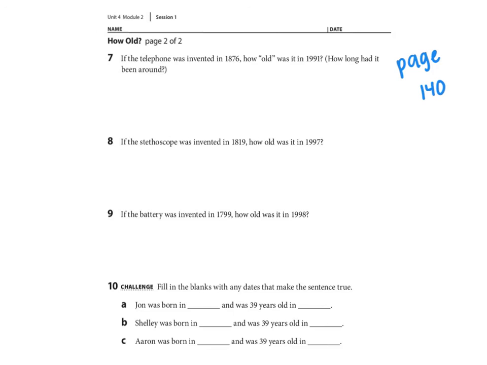Now at the bottom of page 140, there is number 10, which is a challenge. Now this challenge will not be graded, but I want you to try it, okay? So if it's hard, that's okay, but at least try it. So when you are done with these 2 pages, please send me a picture of your work so that I know you completed it.